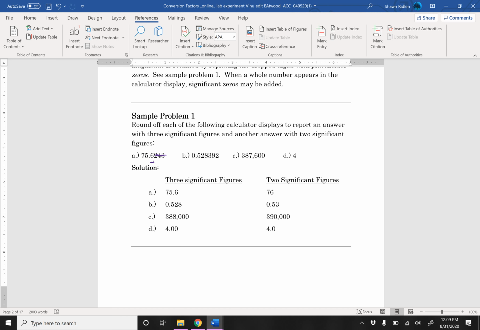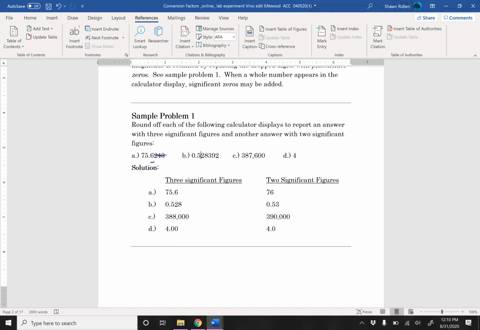Well, the 2 is less than 5, so that means it would stay the same. I think earlier I said that you would round it lower. I may have misspoke there. So in other words, the 2 tells us to keep it the same. Since it's less than 5, that means keep it the same. So to 3 sig figs, this number just becomes 75.6. So we don't change anything else.